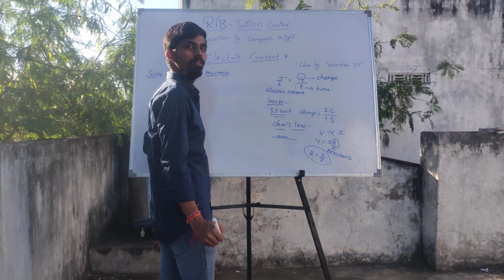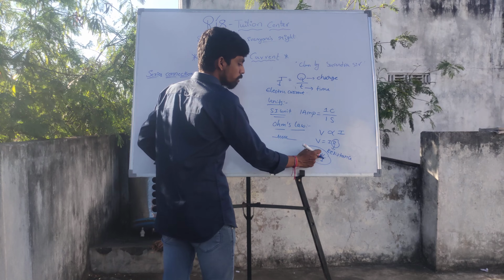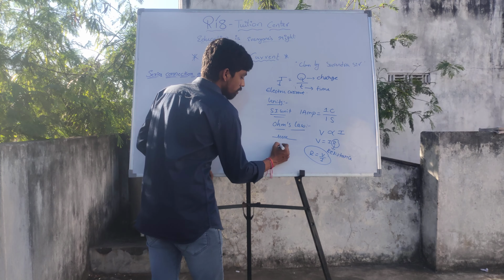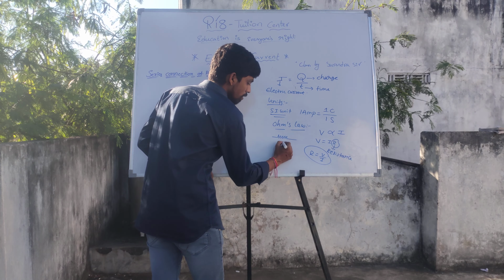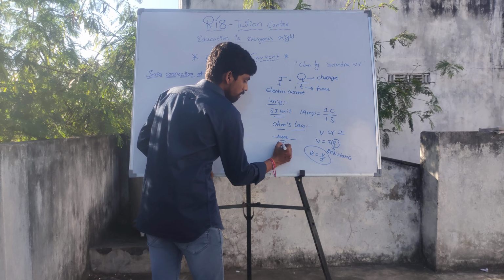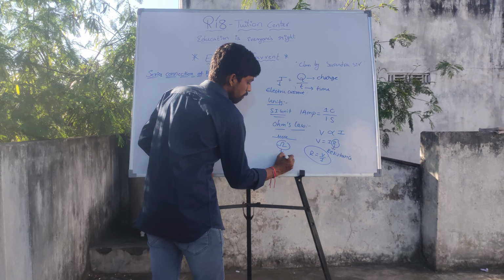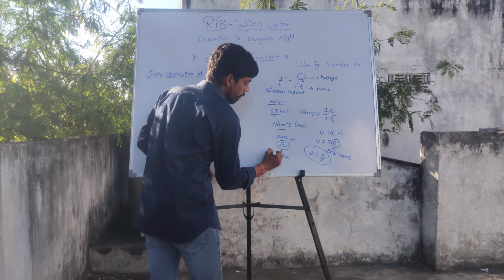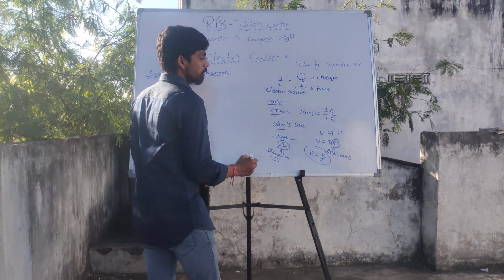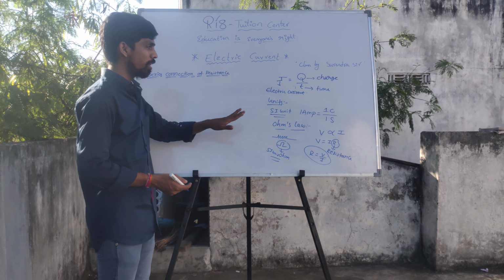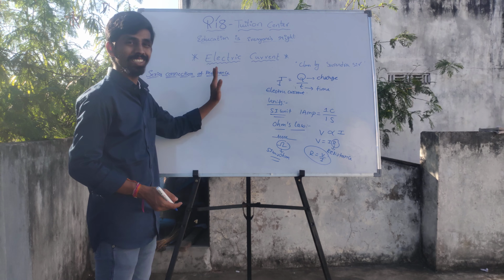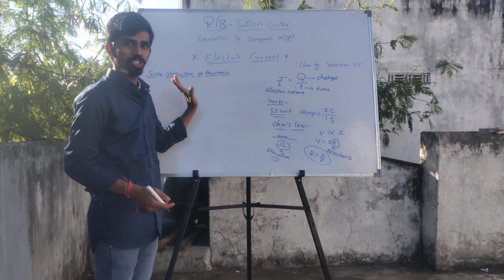R equals V by I. The SI unit of resistance is the ohm. This is all about the introduction, before the series connection and parallel connection.